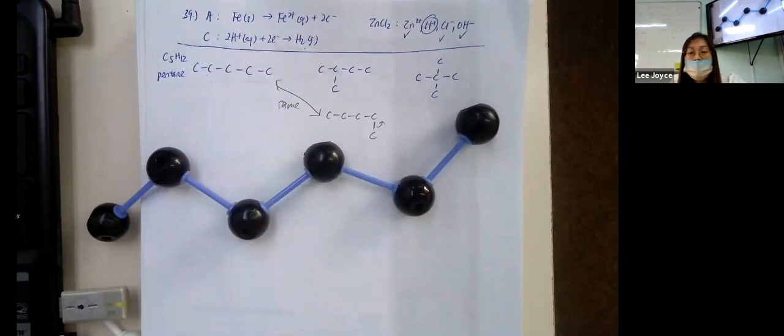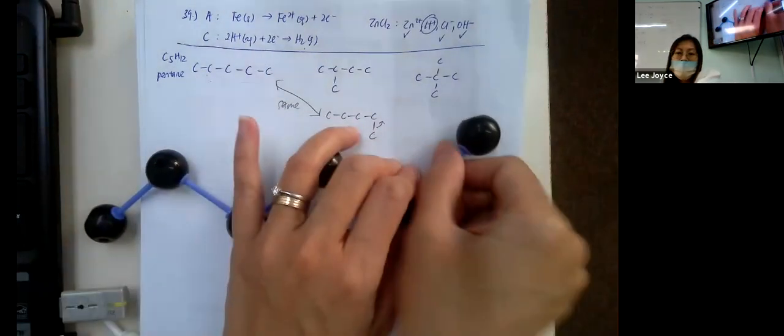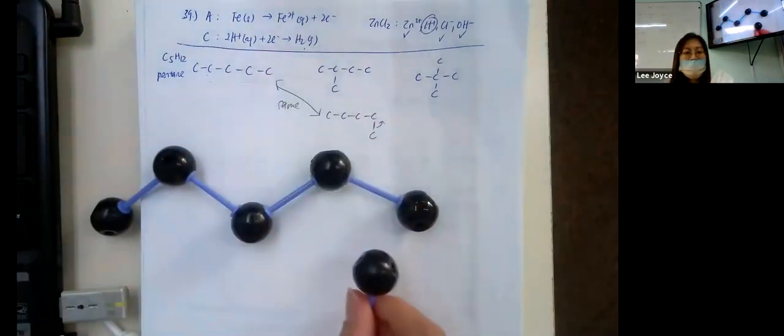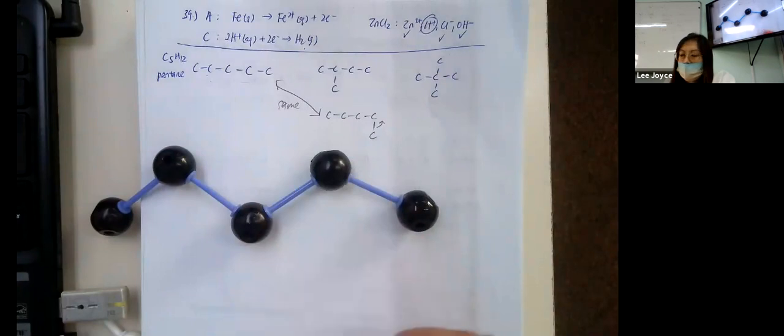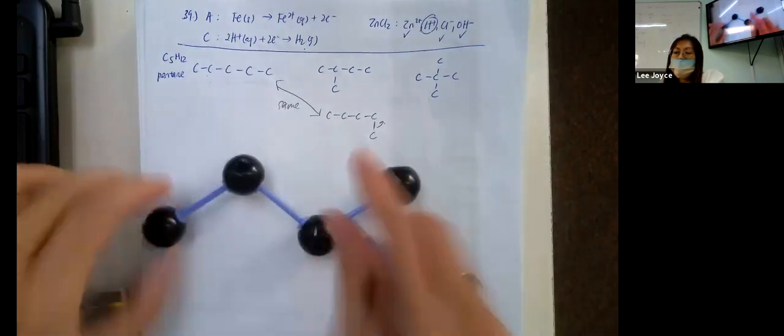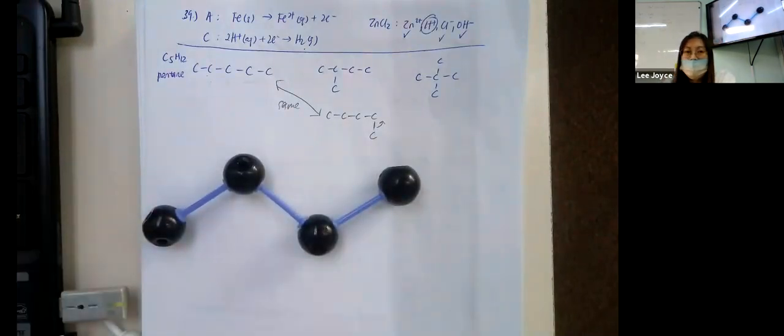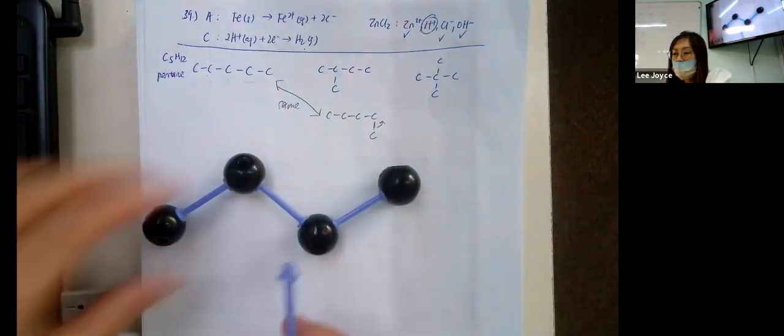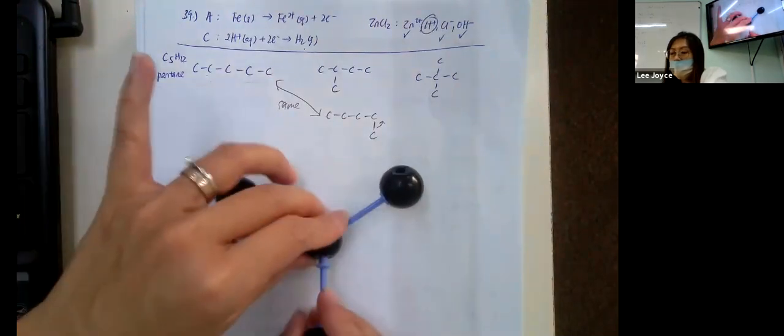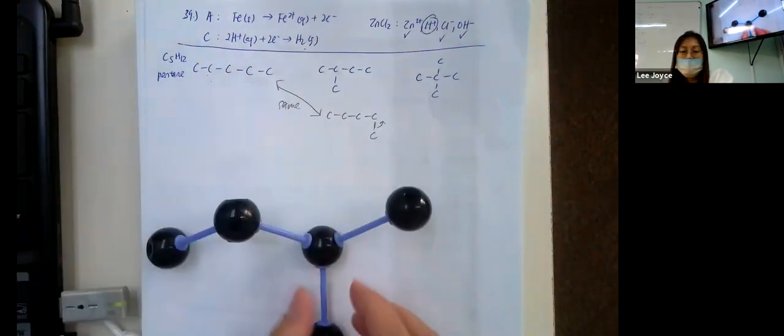It's because in order to get to this structure, we have to break a bond. I break this bond, I get a 4-carbon chain. Then I attach the 5th carbon onto the 2nd atom, which goes like this.